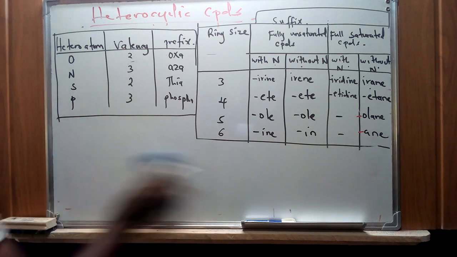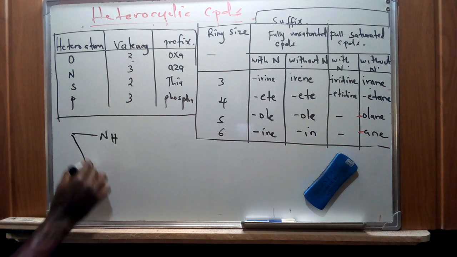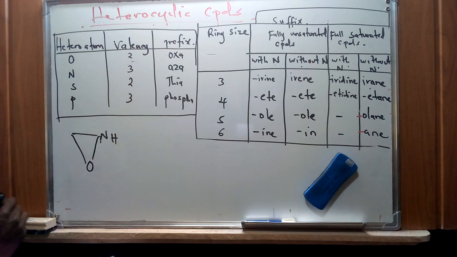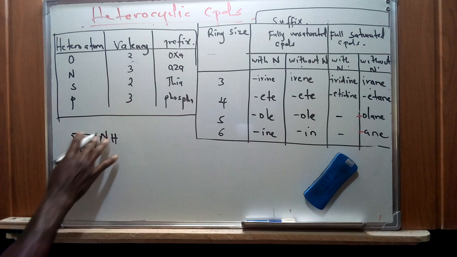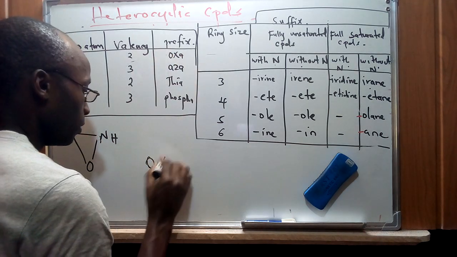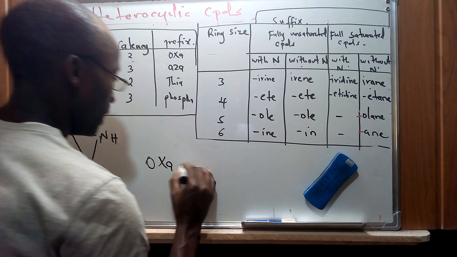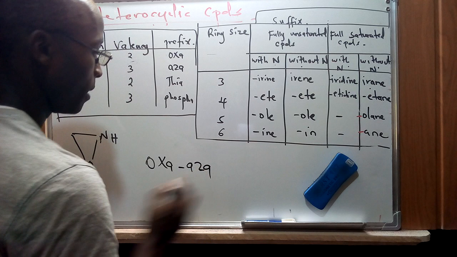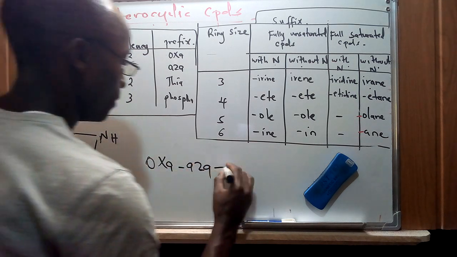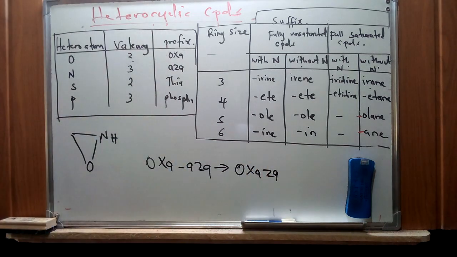Maybe we can give a specific example of a compound like this that contains nitrogen and oxygen in its structure, and try to see how we can name it. So we said that in order of preference, oxygen is going to take preference, so therefore we're going to give it oxa, and then the nitrogen is going to follow, which is going to be aza. So therefore we are just going to have a prefix that is made up of oxaza.